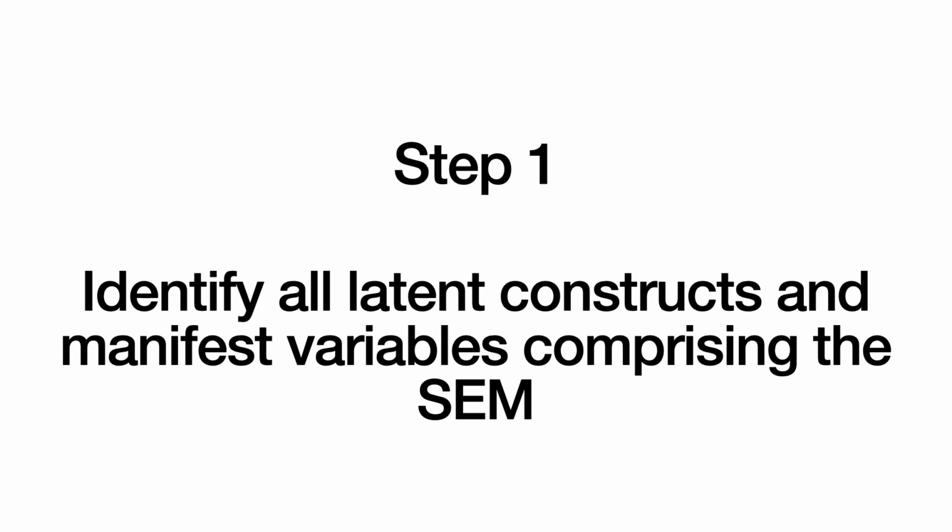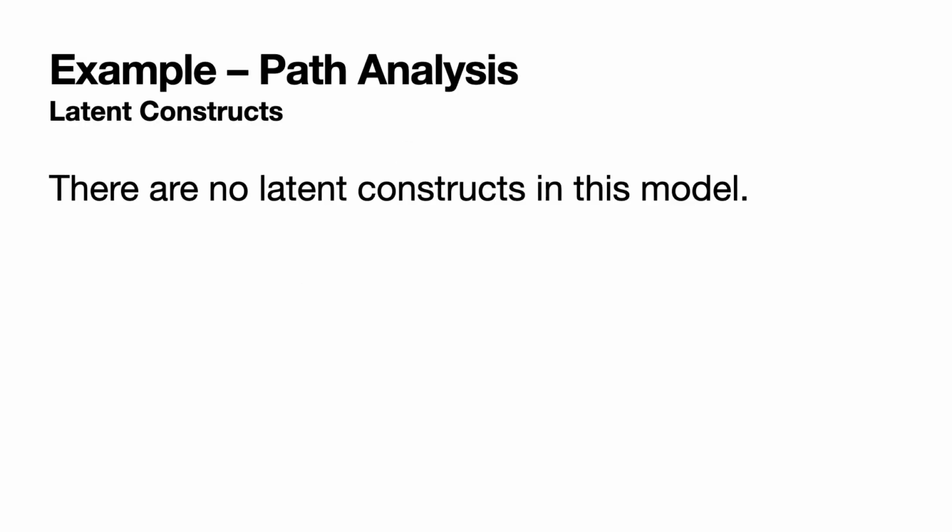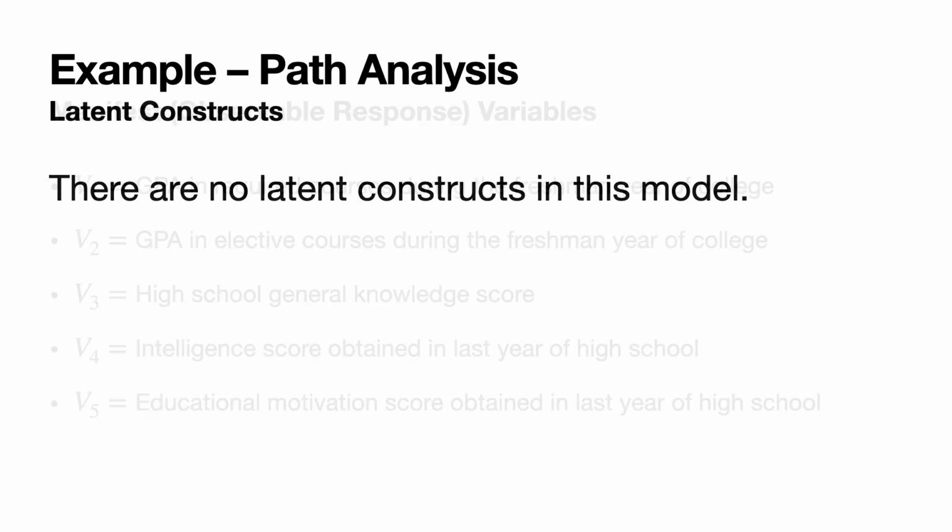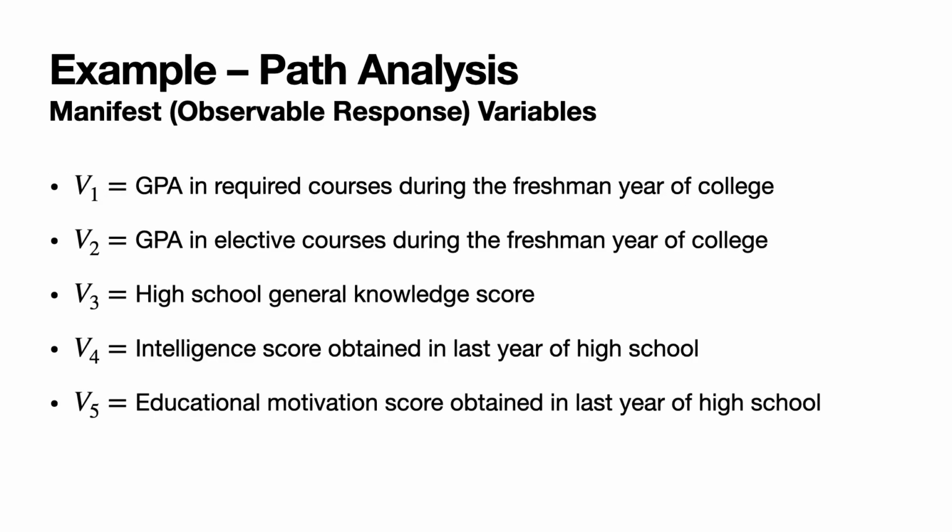So step 1, identify all latent constructs and manifest variables comprising the SEM. Now, as stated previously, there are no latent constructs being considered for this model. Here are the manifest variables. V1 represents the GPA in the required courses during the freshman year of college.